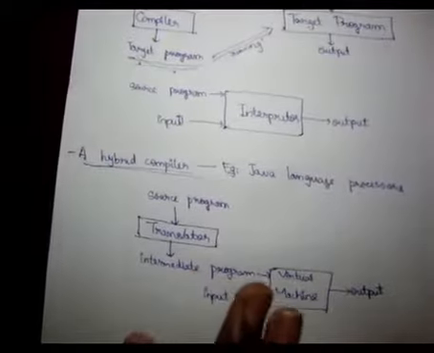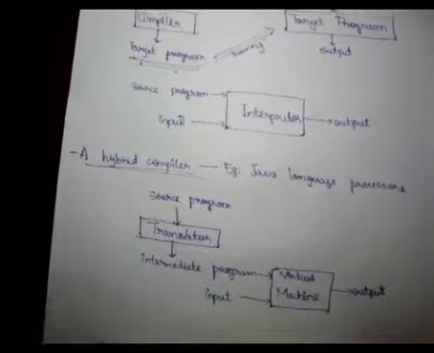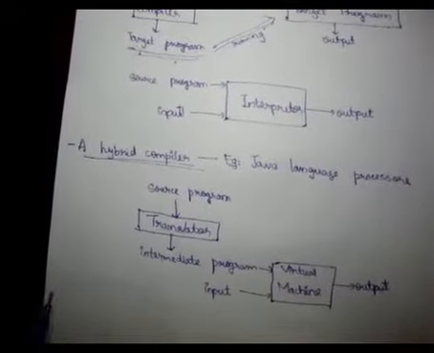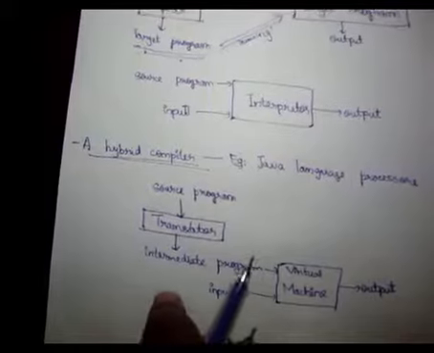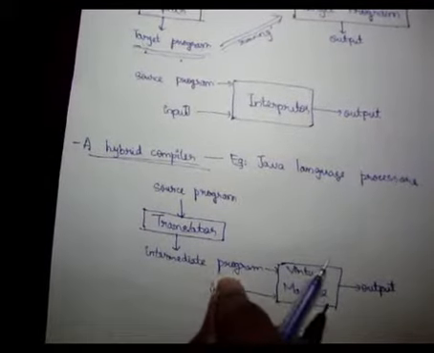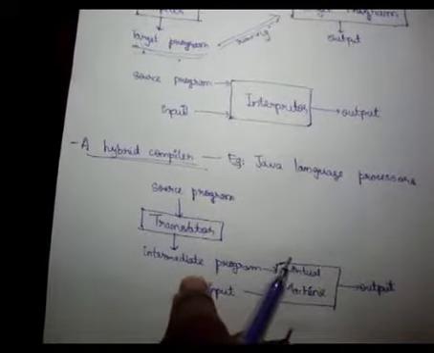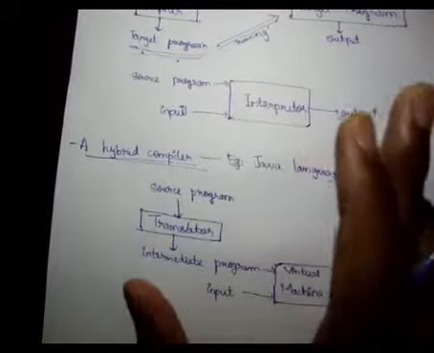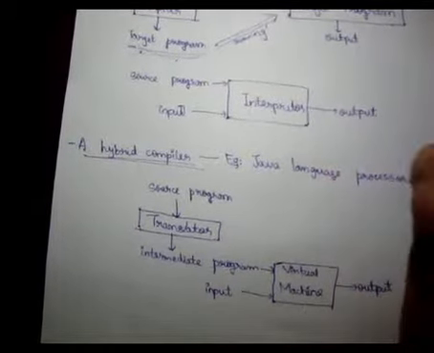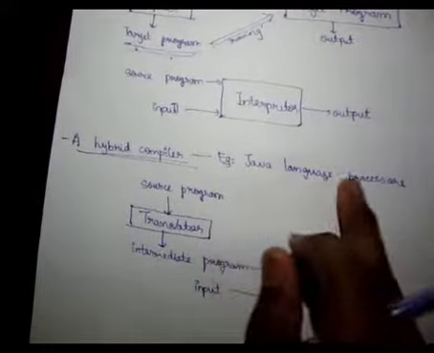So let's now go to another concept known as a hybrid compiler. A hybrid compiler is a language processing system which performs the tasks of both a compiler and an interpreter. Let's consider a Java language processor.